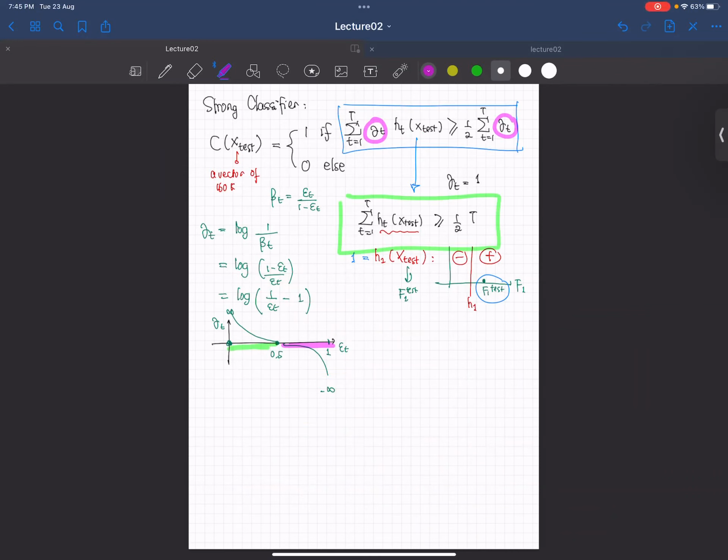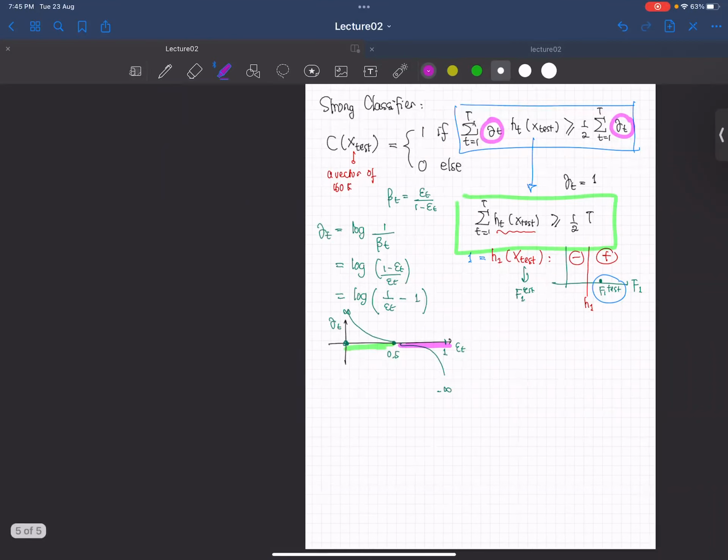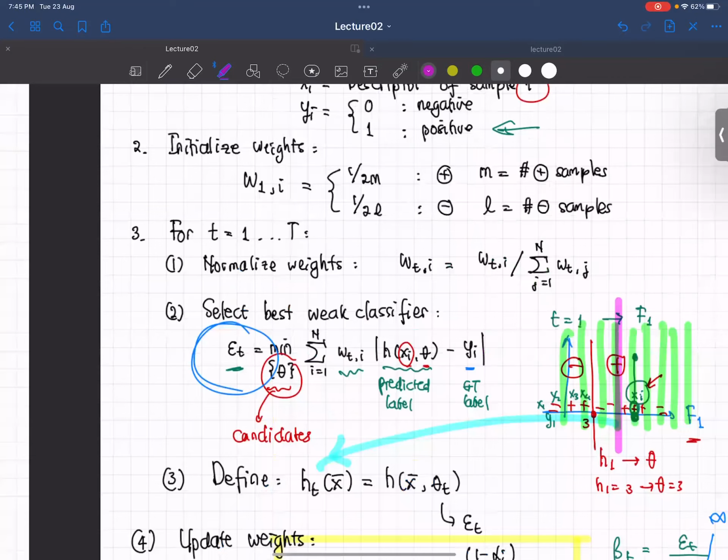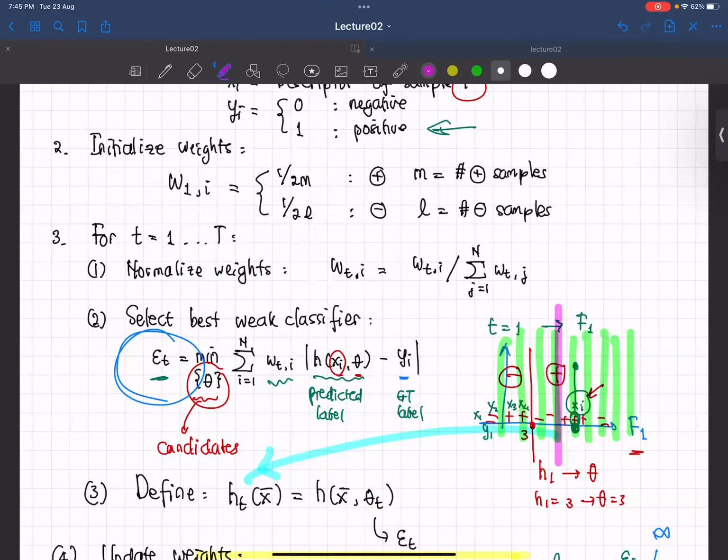No, it will be much less. There is no definition that it has to be 160K features. In the paper, actually, they choose around 200 features to be selected in this process.